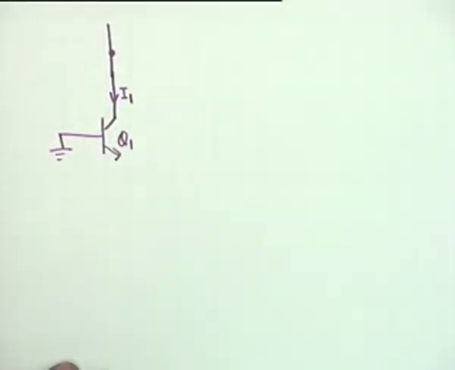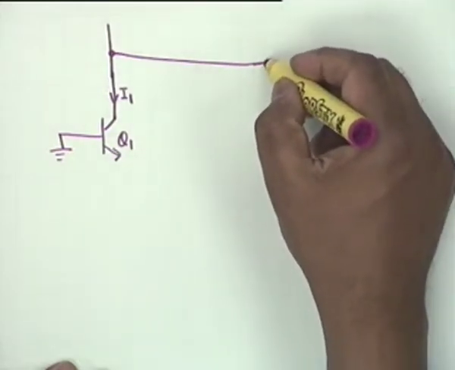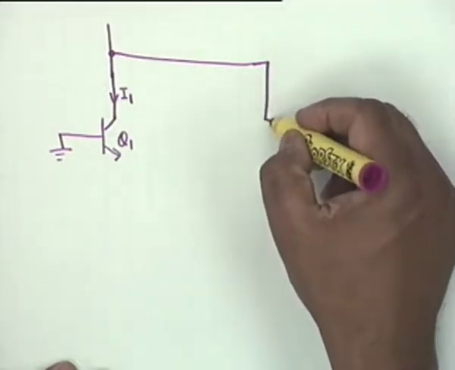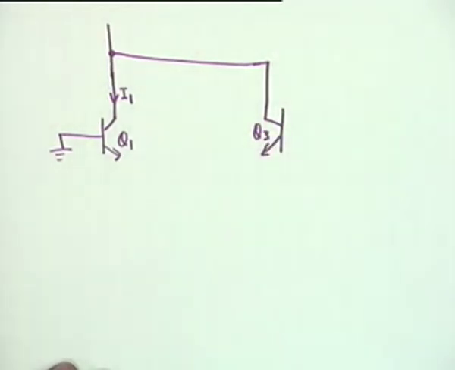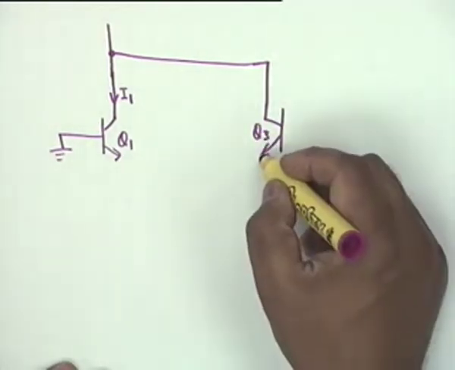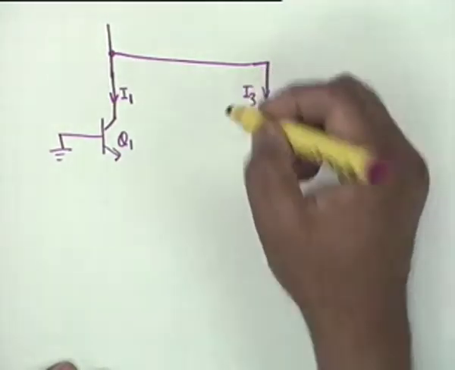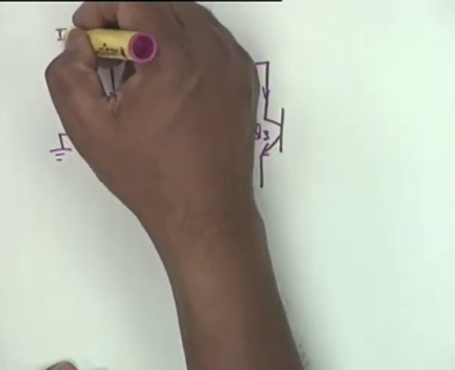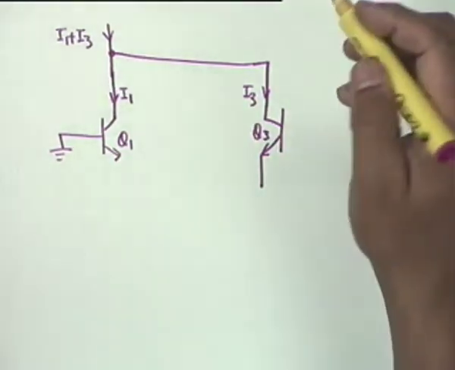This collector is connected to another collector, we shall call that Q3, and this current we will call I3, so that this current is I1 plus I3. Where it comes from, it could come from a supply, it could come from a constant current generator, we don't bother.